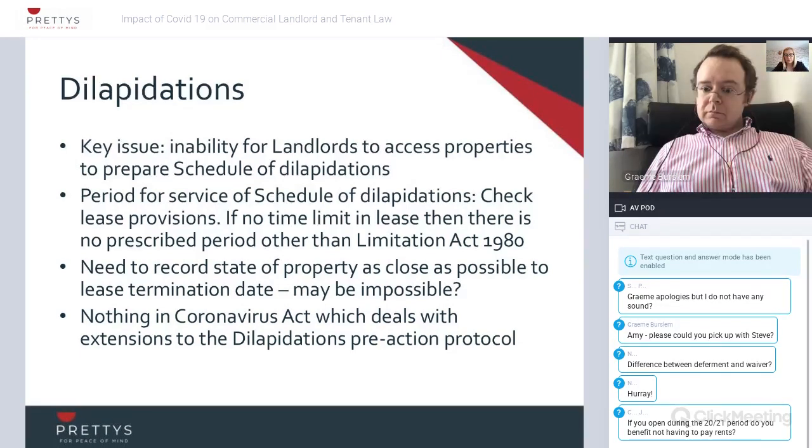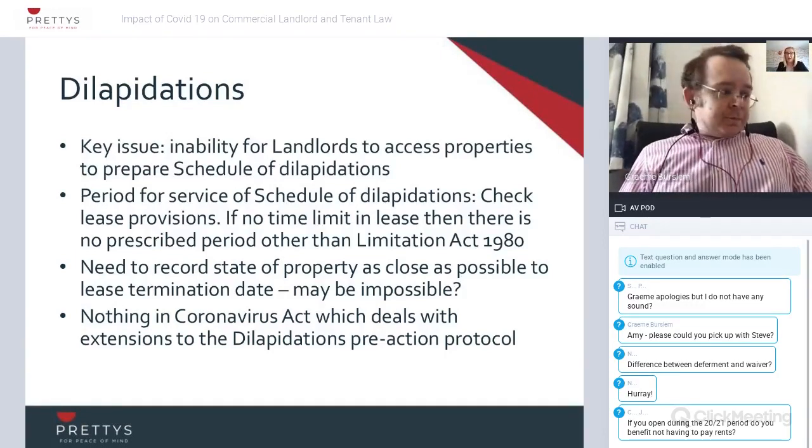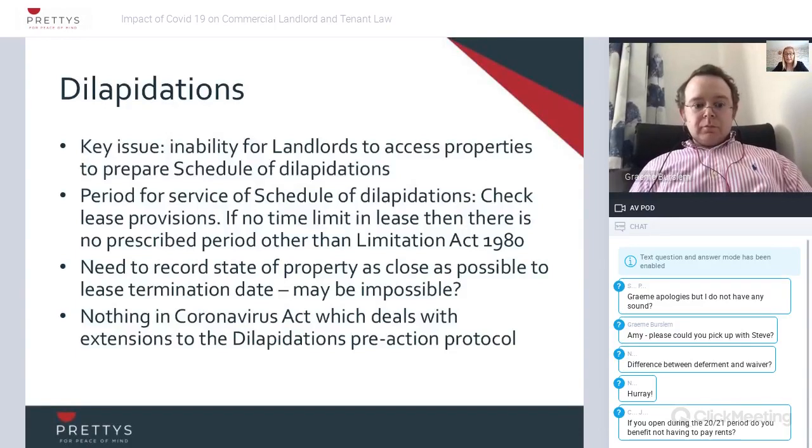The other thing to bear in mind is the period for the service of the schedule of dilapidations. Again, this means getting out your lease, dusting it off and having a look, and seeing if there are any provisions in there about when a schedule of dilapidations needs to be served. Because if you've got a lease end coming up and you can't get into the property, there may be a deadline in your lease about when that schedule needs to be served.